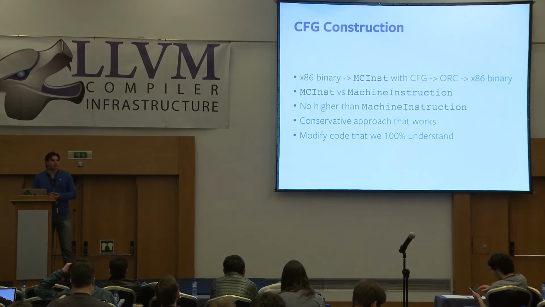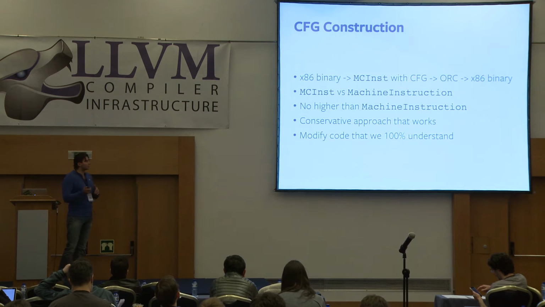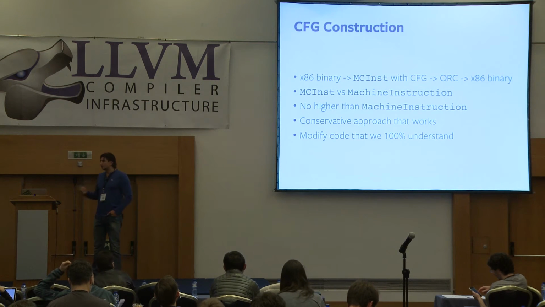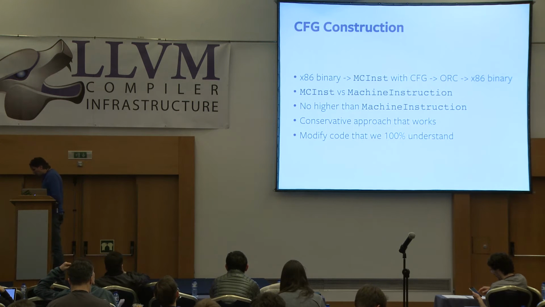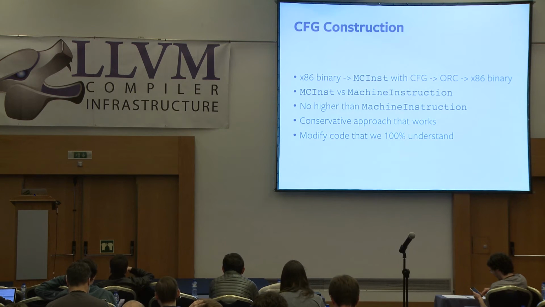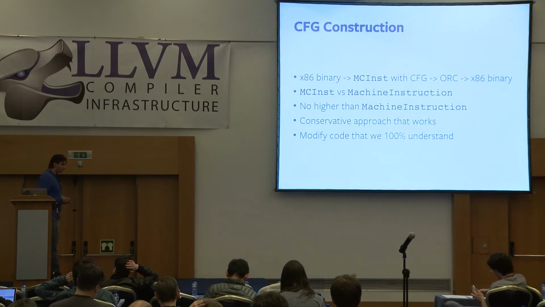Once we have disassembled the binary, and we're sure we understand every instruction in it, we build the control flow graph. We don't, at the moment, raise the representation from machine code to MachineInstr. If we were able to easily do it, perhaps we could utilize the existing MachineFunction of LLVM.